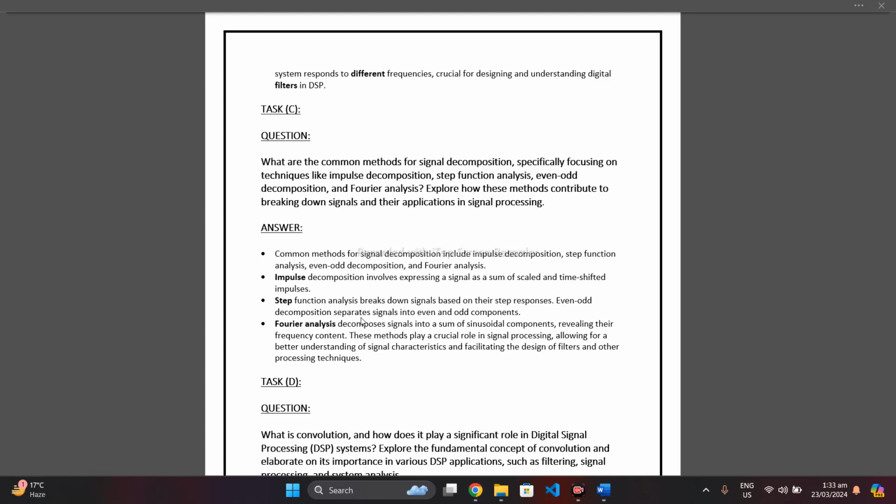Even odd decomposition separates a signal into even and odd components. Fourier analysis decomposes a signal into a sum of sinusoidal components, revealing their frequency content. These methods play a crucial role in signal processing, allowing for better understanding of signal characteristics and facilitating the design of filters and other processing techniques.